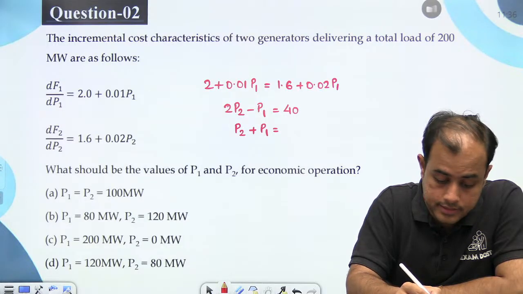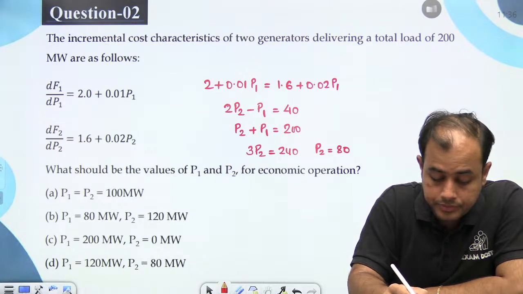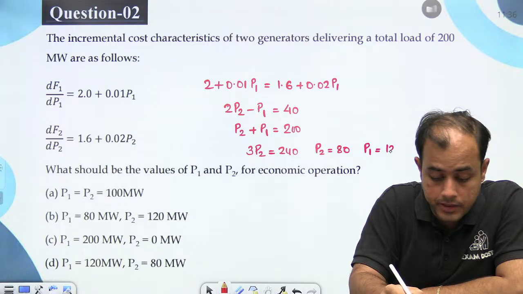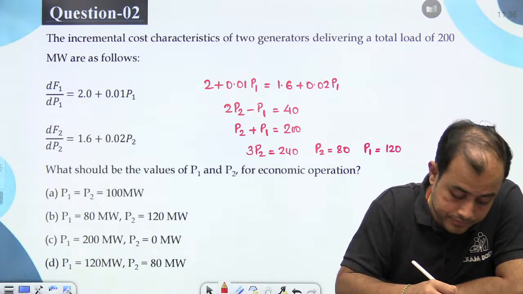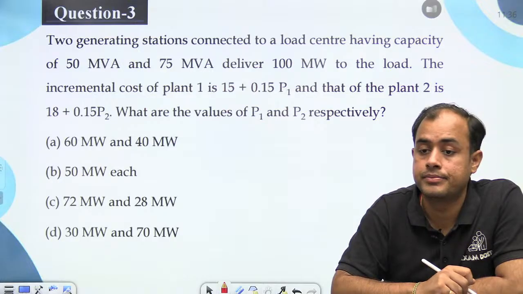Total power is 200. So P1 will be 120. D option, 120 and 80.